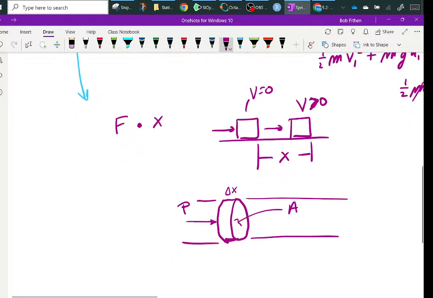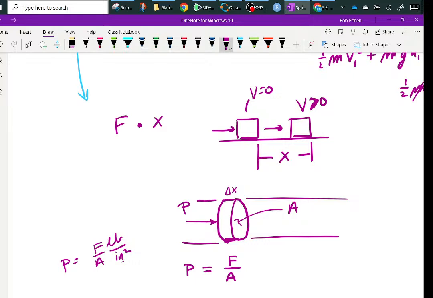So what is the force? It's the pressure, pounds per square inch. You know, pressure is force divided by area. So it's pounds per inches squared, or it could be feet squared. So pressure that's being pushed on there is the force divided by the area.